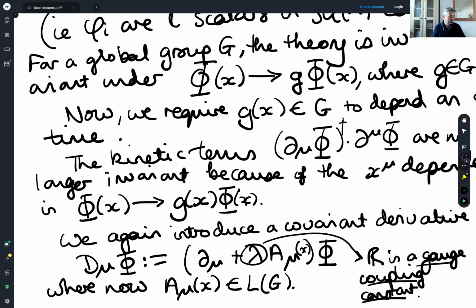Okay, so what is this A mu of x? Well, it's in the Lie algebra of the group, so it's got to be some n by n anti-Hermitian matrix.